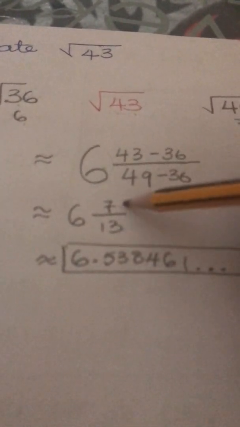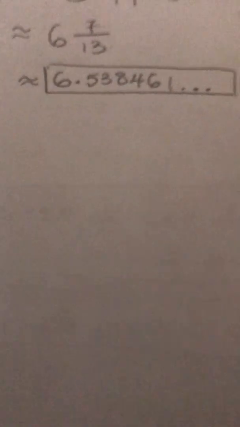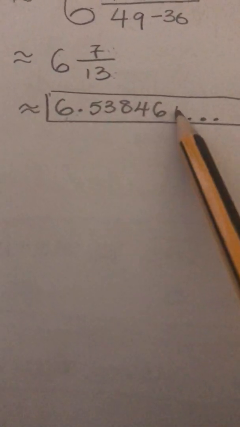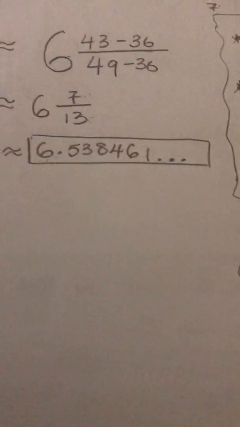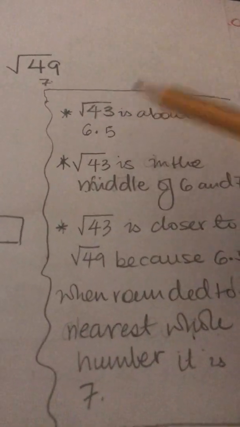You will get 7 out of 13. Convert 7 out of 13 into a decimal. You get 0.538, so it becomes 6 because it's a whole number, and then you write the decimal and you put the ellipses. Okay?